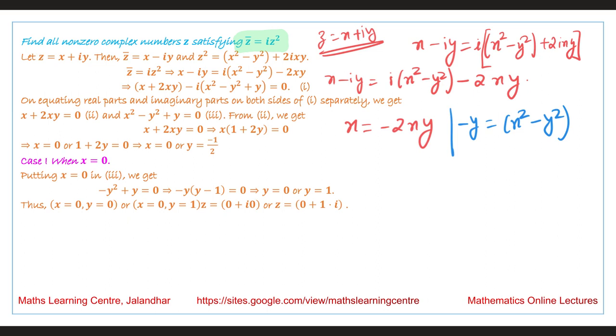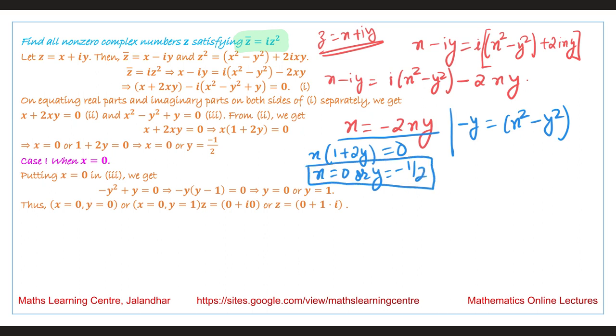So from this equation we can write x common, and we are left with 1 plus 2y is equal to 0. So we get either x is equal to 0 or we get y is equal to minus 1 by 2. And from the second equation, the following cases are arising over here. The first case is when we are considering the value of x is equal to 0.